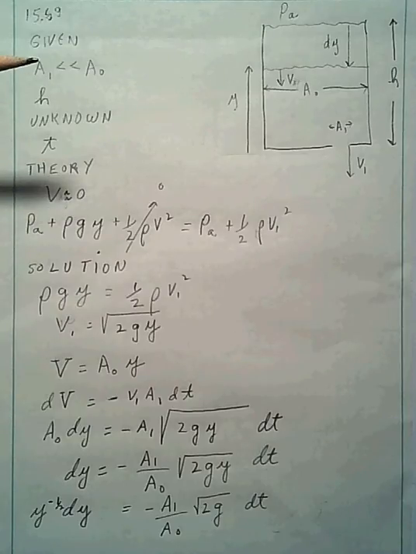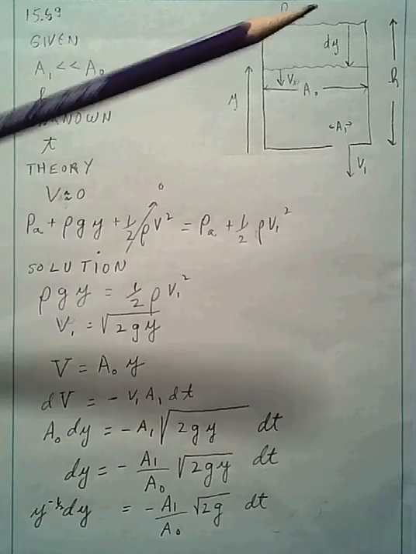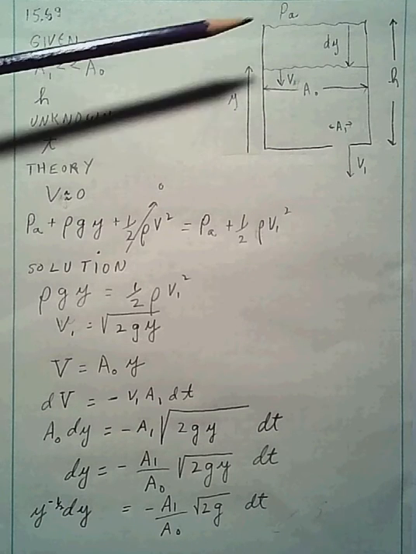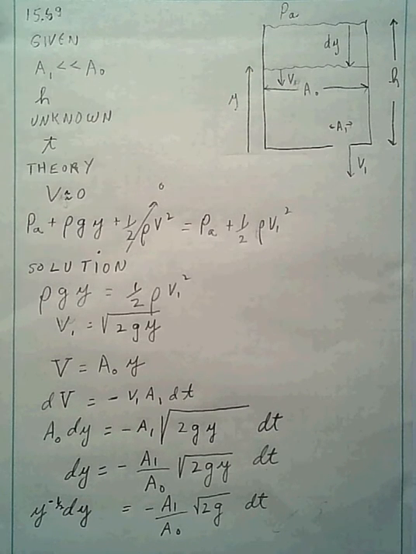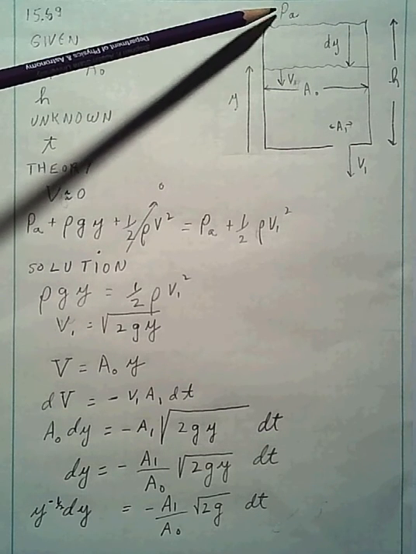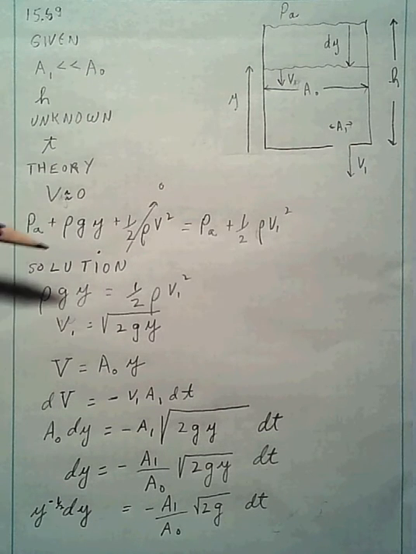So if we look at Bernoulli's equation and compare the parameters at the surface of the water and then at water coming out of the hole, the pressure at the top and the bottom due to the atmosphere are the same.